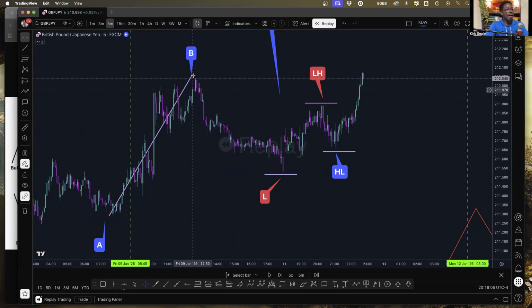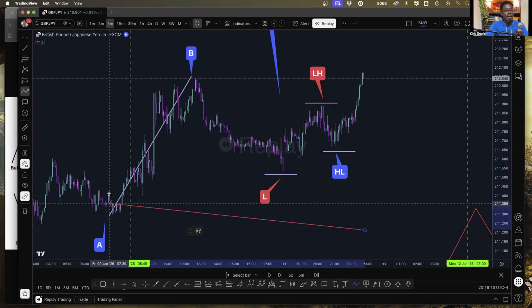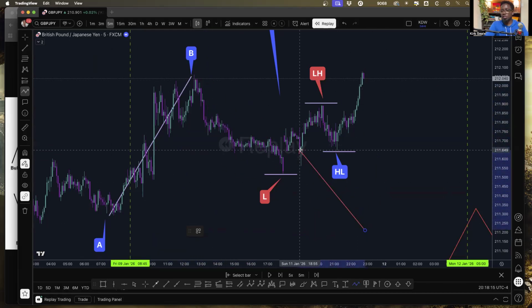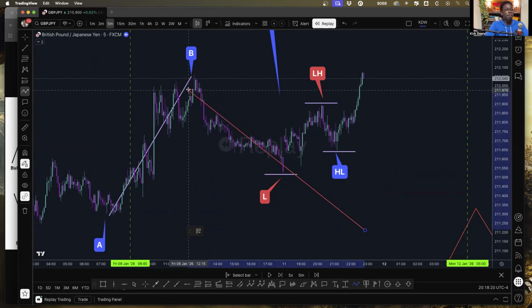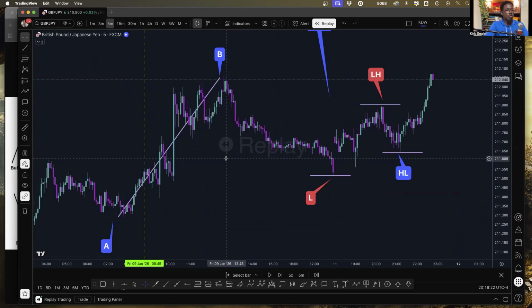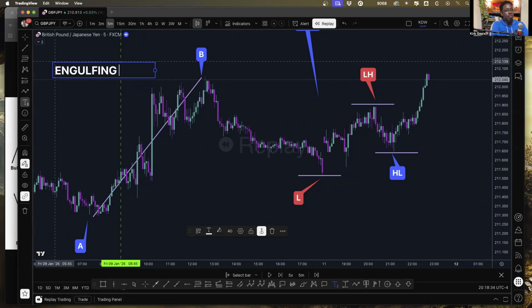All right. So as price is moving like this, right? There's always something between A and B that gives us an indication of where C can show up, right? There are clues between A and B. One of those clues is going to be something called, let's type this up. We've got engulfing candles. We have things called order blocks.